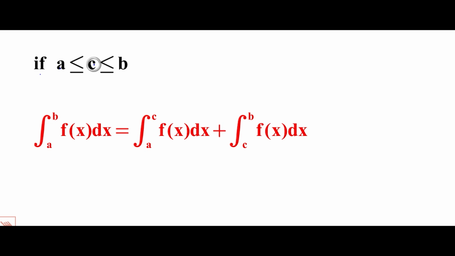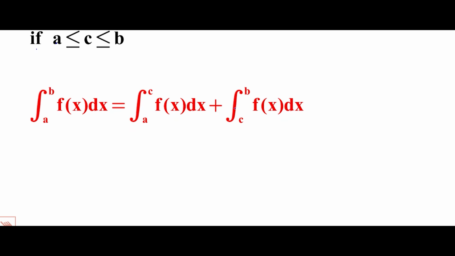Number 3, if c is between a and b, then the integral of f of x dx from a to b equals the integral of f of x dx from a to c plus the integral of f of x dx from c to b.